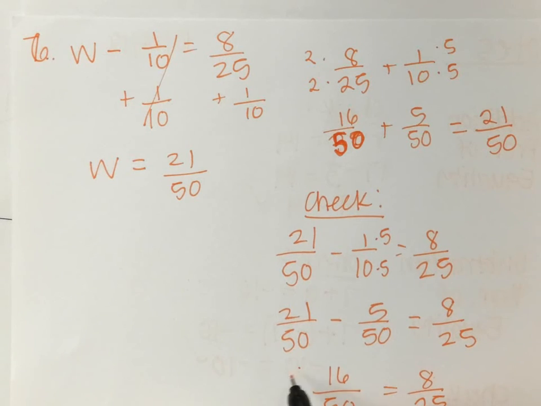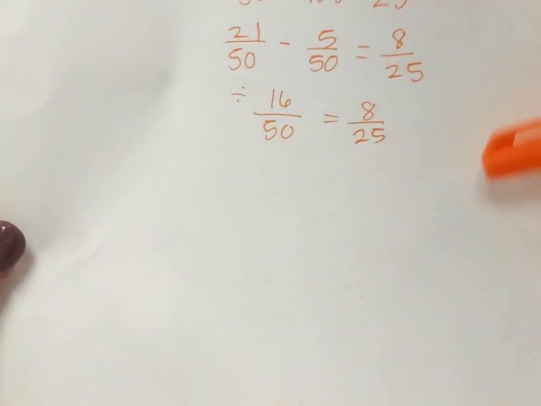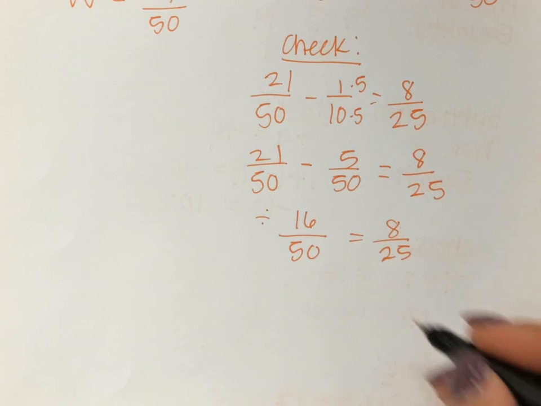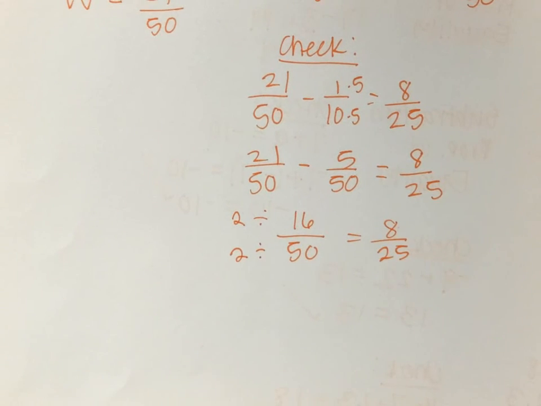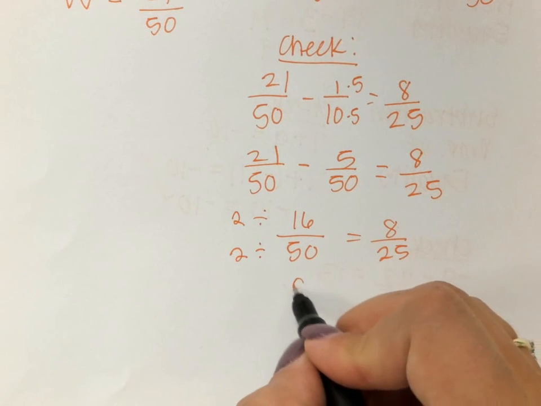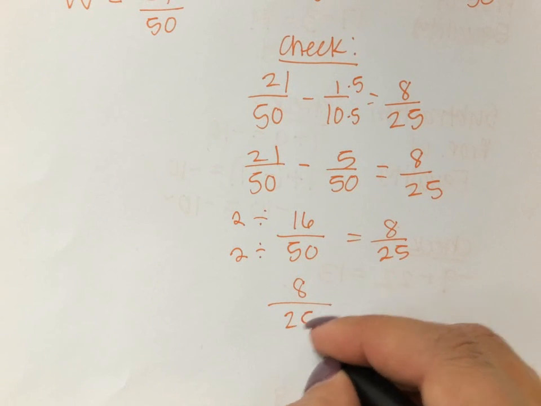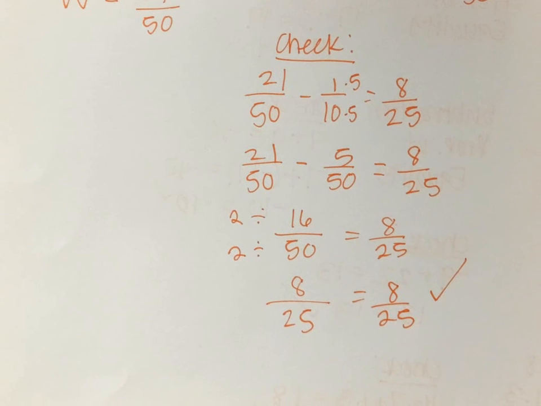So if I divide both numbers by what? 2? What's 16 divided by 2? What's 50 divided by 2? Is 8 over 25 equal to 8 over 25? So my answer is correct.